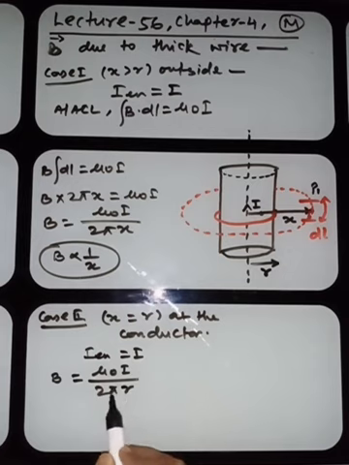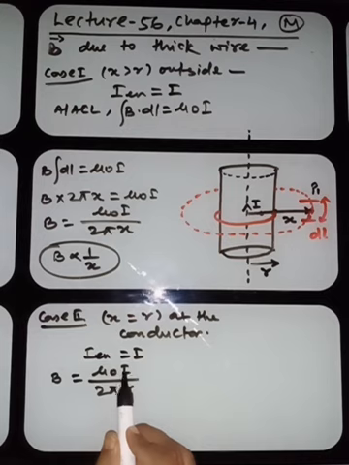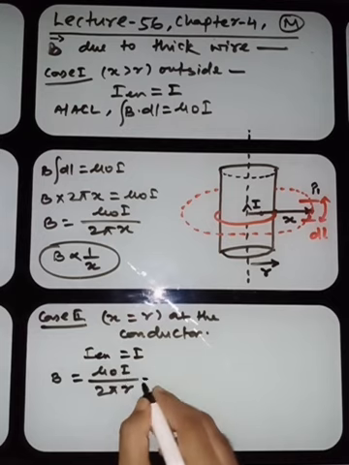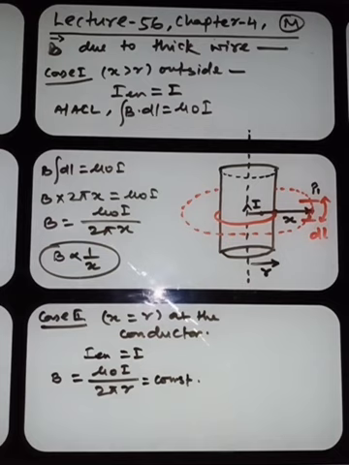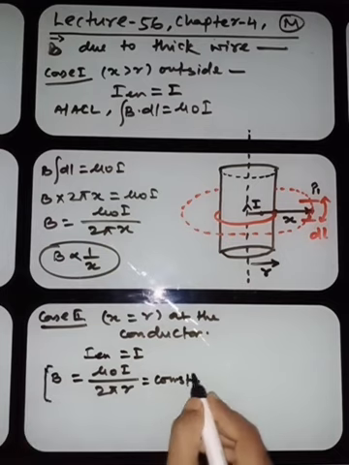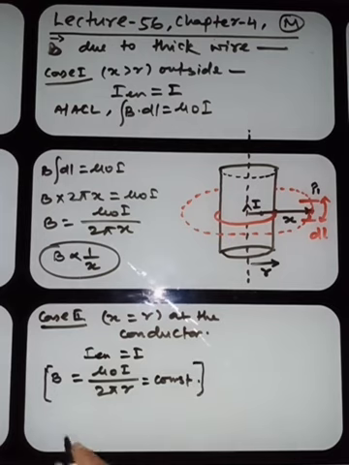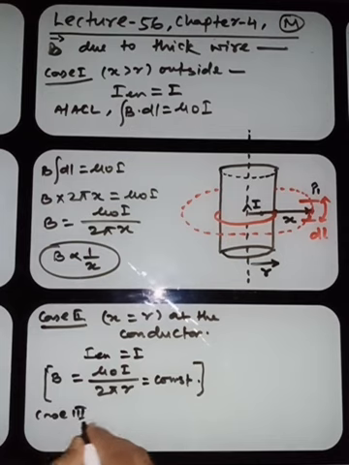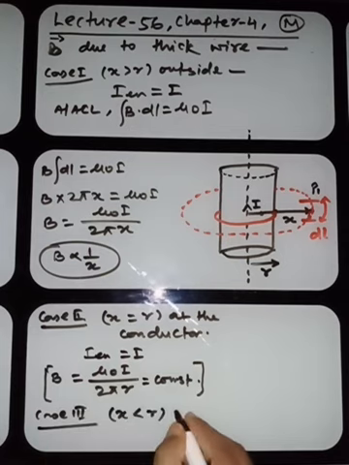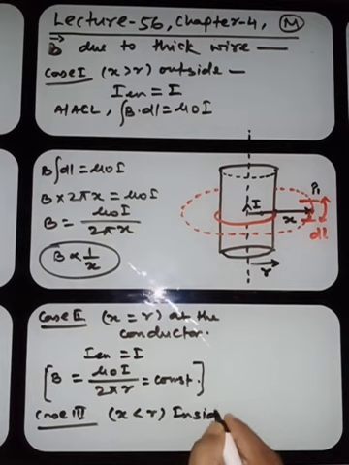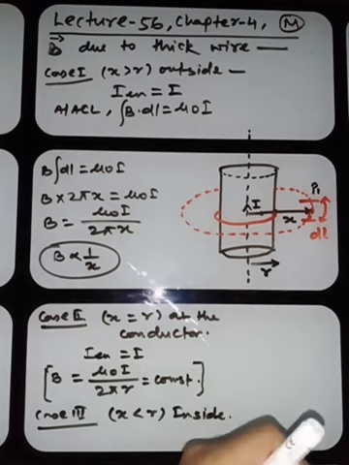Now you can see this r is not going to change, and the conductor length is not going to change, so mu naught I by 2 pi r is all constant. This is the value of the magnetic field, and it is constant, which is the maximum, I think. Now case 3, x is less than r, inside the conductor at P3.